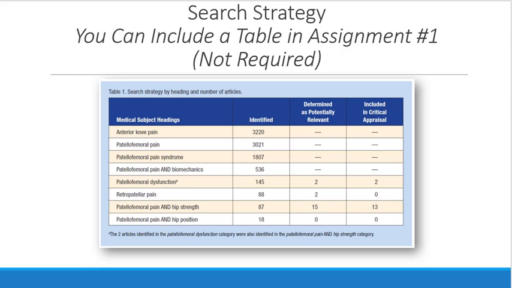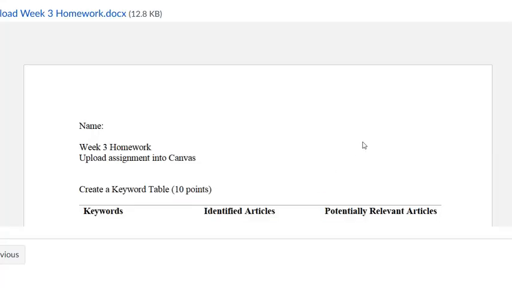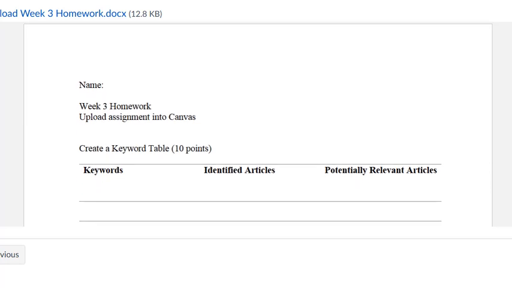Okay, so what is this slide talking about? This week we have assignment 1, and you can redo how I've got it set up here. Let me pull it up. What you'll find on Canvas is this handout.